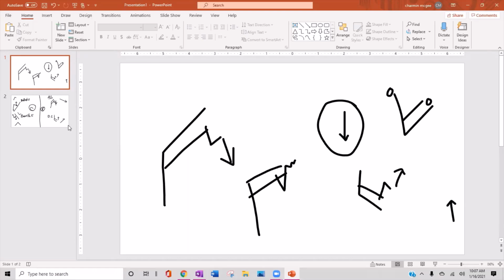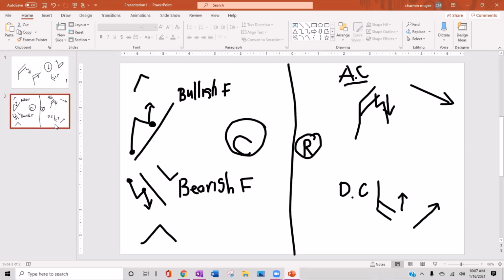Do we know the difference between a flag pattern and an ascending channel? Or a channel, should I say. A flag pattern versus a channel. Yes or no? Because you all know next I'm getting ready to go to a real, real chart. So we can see. What is a channel again? A channel is a reversal pattern.